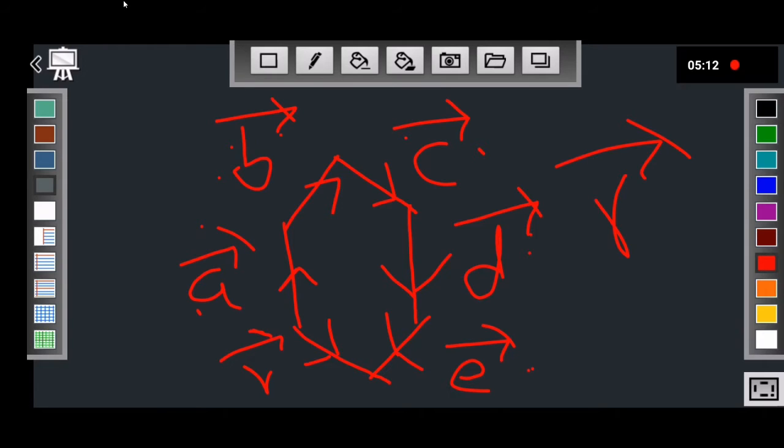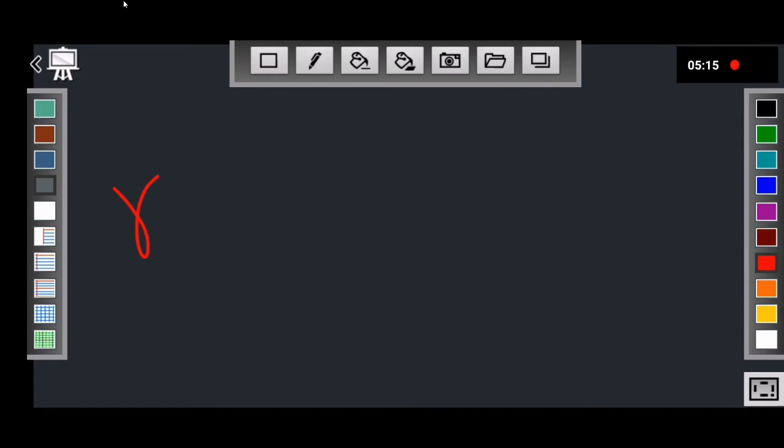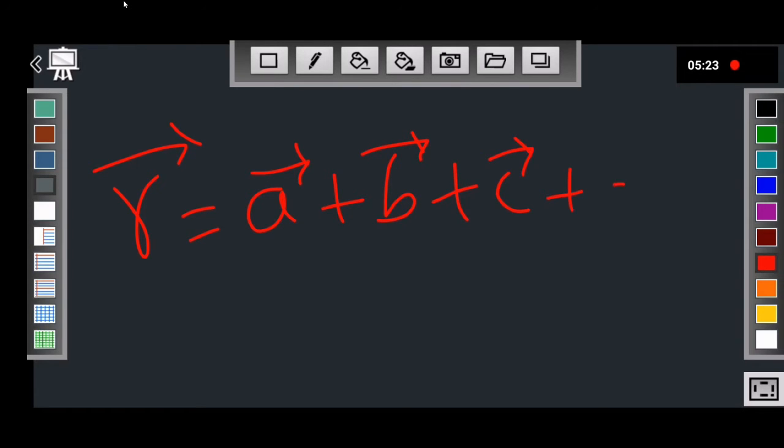And in this figure we can write R vector equals A vector plus B vector plus C vector plus D vector plus E vector.